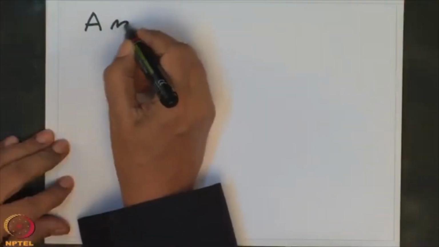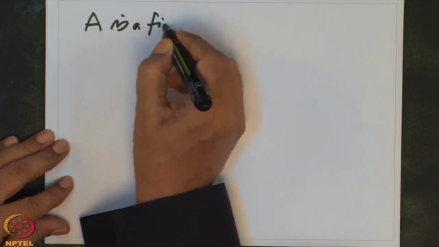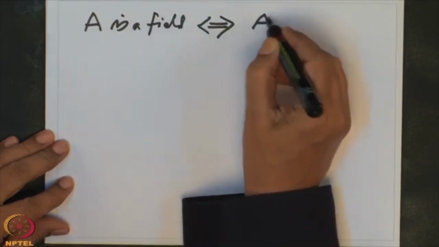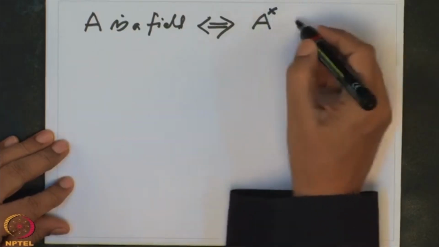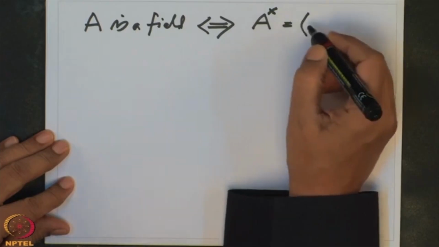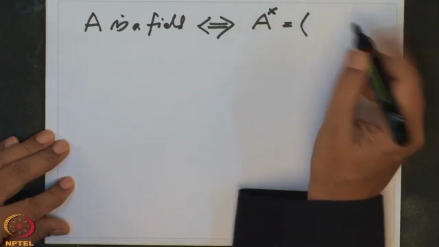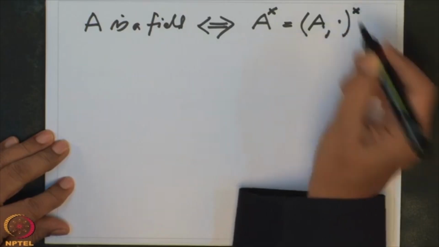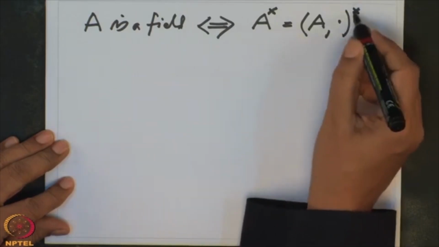How do we test whether some ring is a field or not? Note that it has now become easier to state: A is a field if and only if A cross is the unit group of A dot, the multiplicative monoid. So take the cross of that monoid.